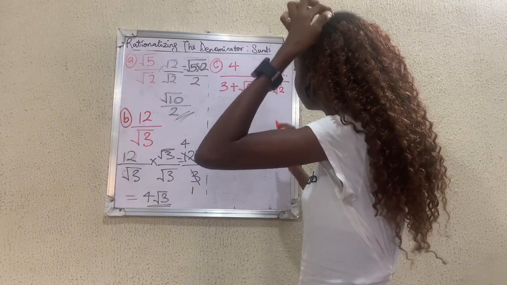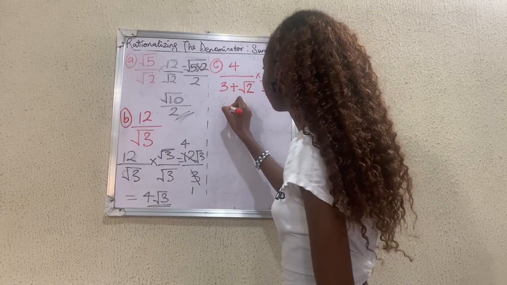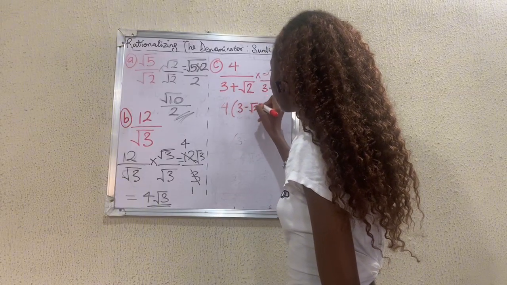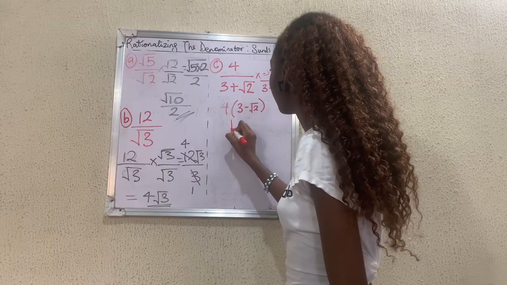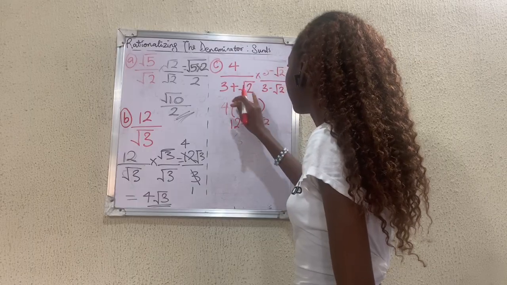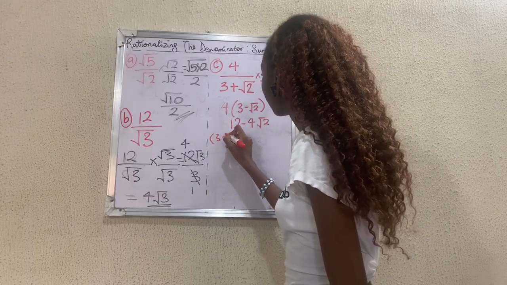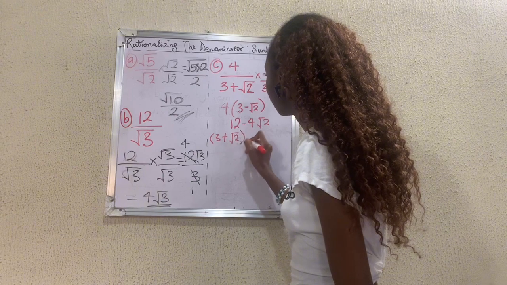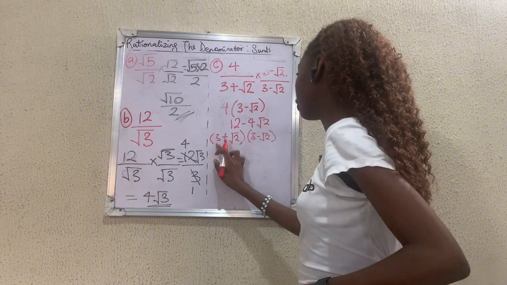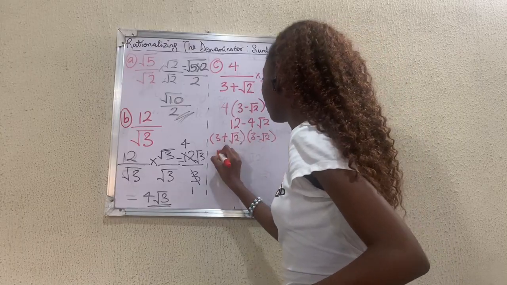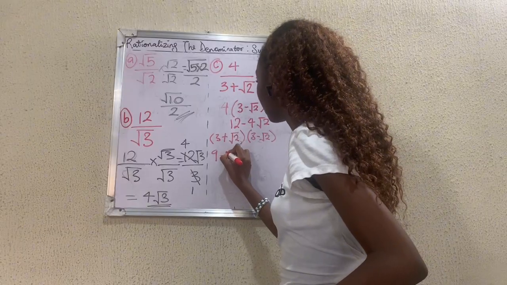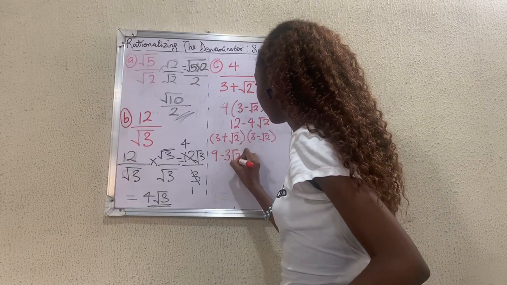And now what we're going to do is we're going to have 4 into 3 minus the square root of 2, which means that we're going to have 12 minus 4 square root of 2. And then we're going to have 3 plus the square root of 2 into 3 minus the square root of 2, which means 3 times 3 is going to give us 9. 3 times minus the square root of 2 is going to give us minus 3 square root of 2.